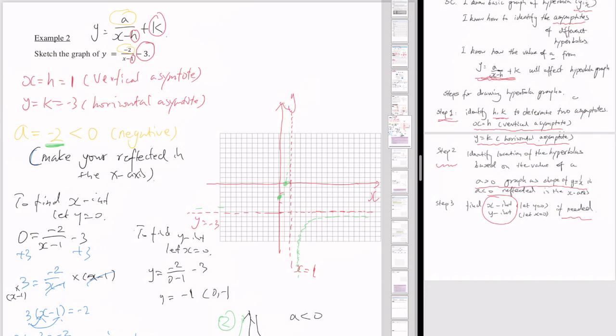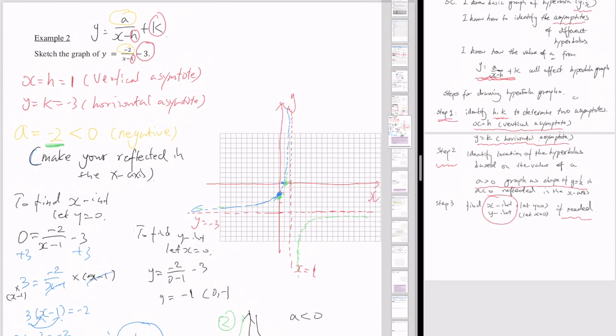Okay, so I know my x-intercept is negative 1 over 3, 0, which is roughly over here, and the y-intercept is 0, negative 1. So now I know the curve will pass through these two points, and this will be my graph.